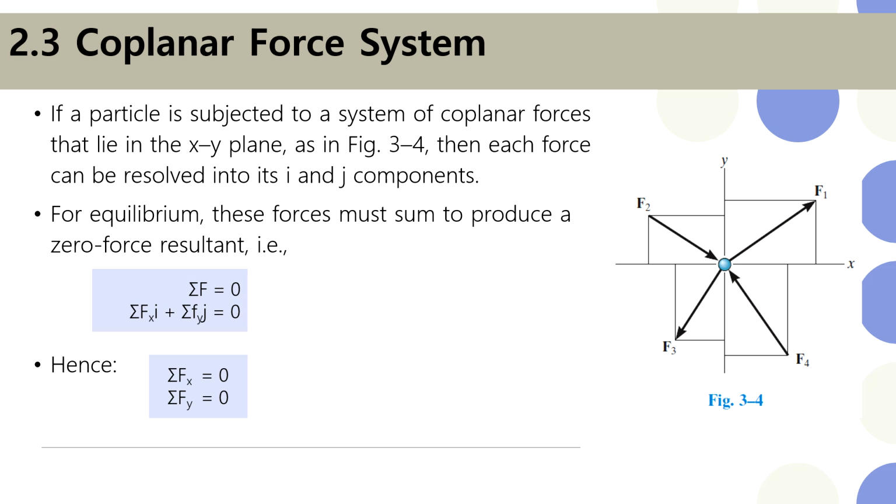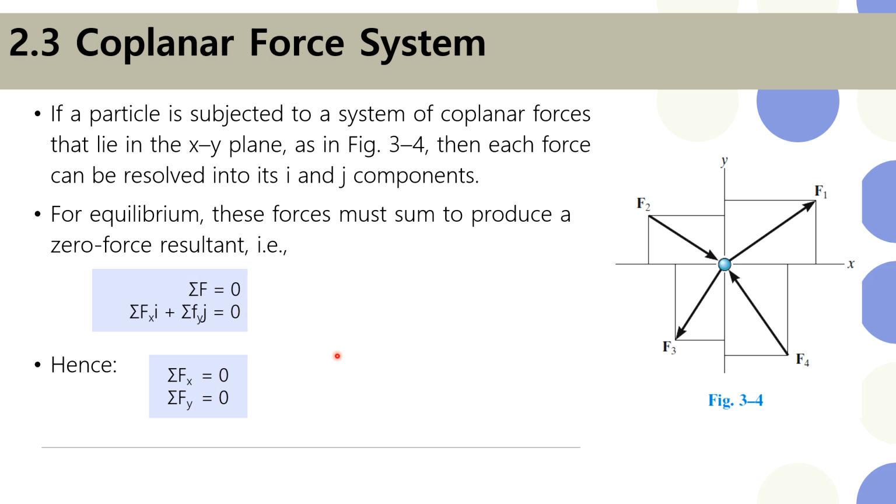So coplanar simply means all the forces lie flat on a 2D surface, that means the X and Y plane. Any force acting on the particle can be broken down or resolved into its i-axis and j, the y-axis, components.